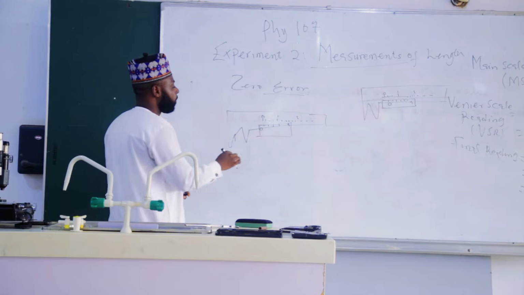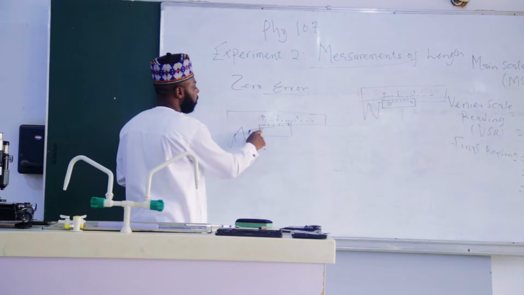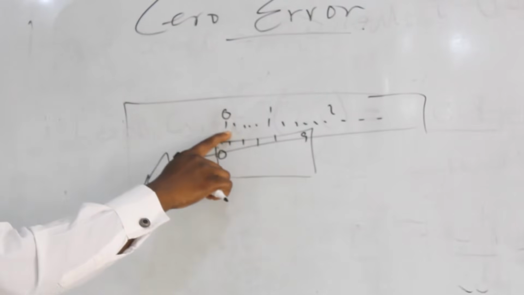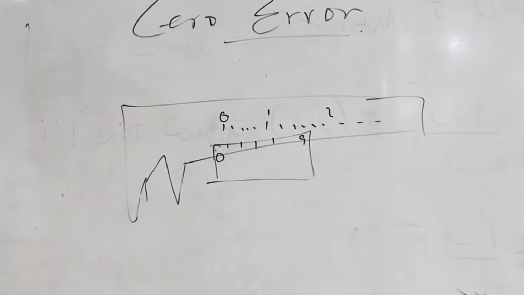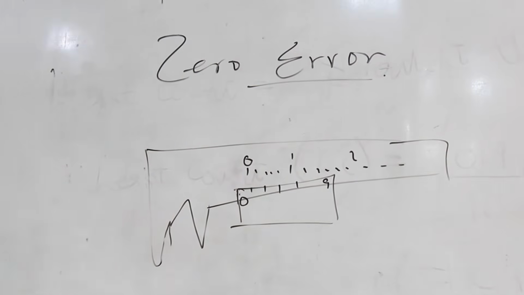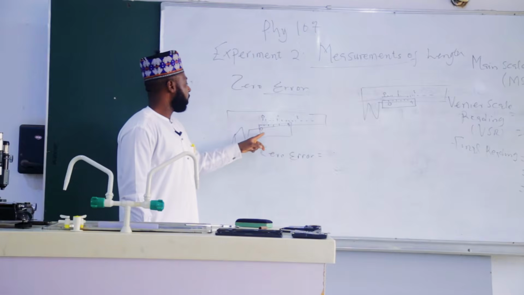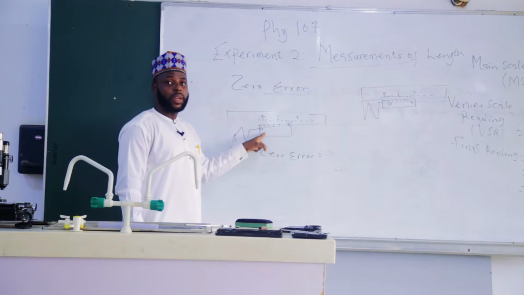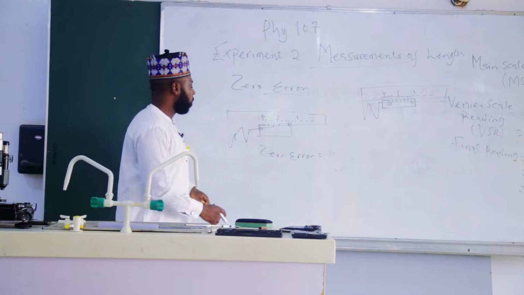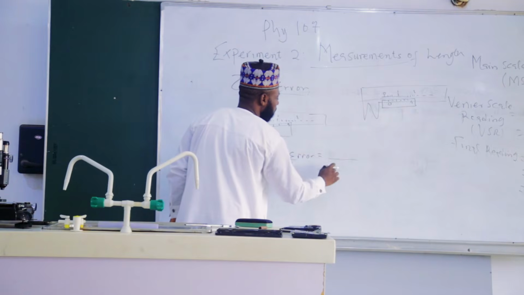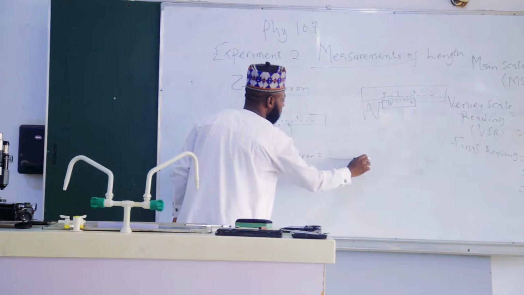So the first one, whereby your zero mark on your vernier scale is leading that of your main scale, you note down the zero error. And how do you note down the error?